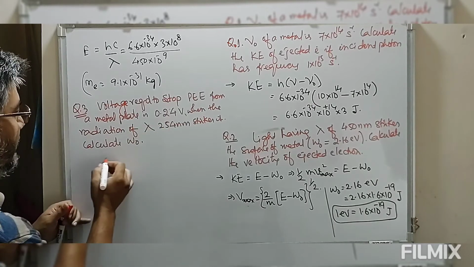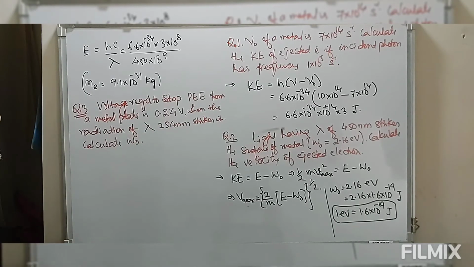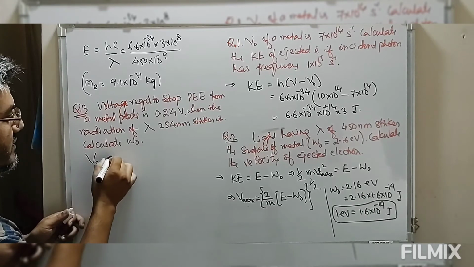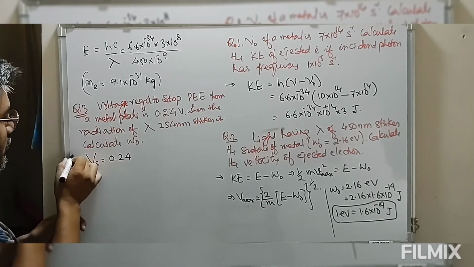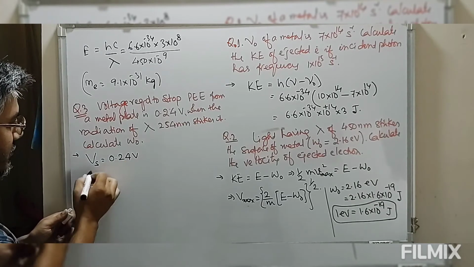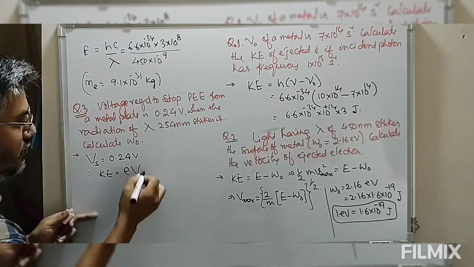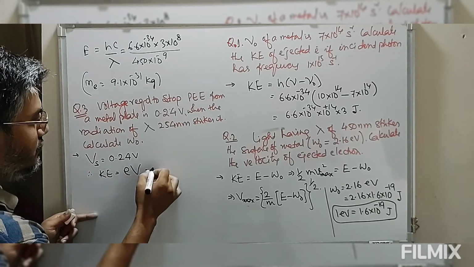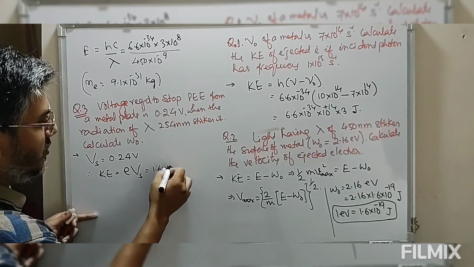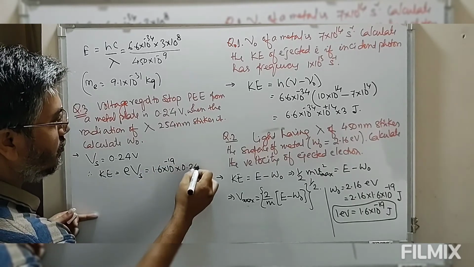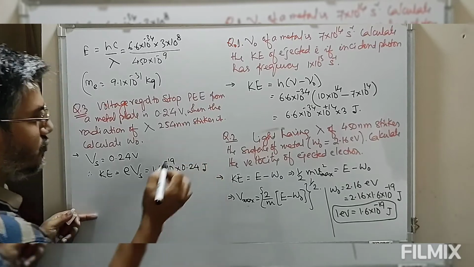We have been given the stopping potential, 0.24 volt. Therefore kinetic energy is equal to e times stopping potential, which is 1.6 × 10^-19 × 0.24 joule.